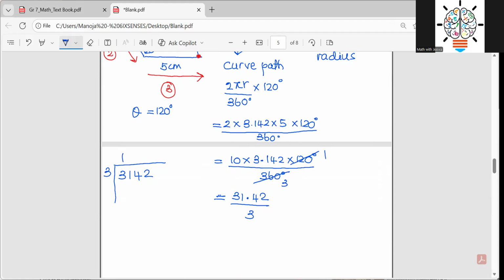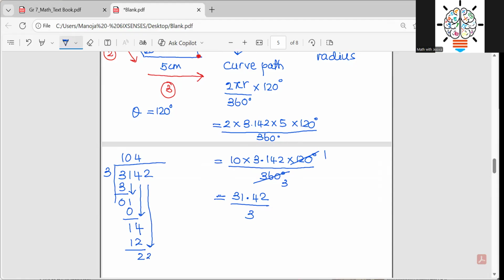3 times 1, 3 and 0. You bring this 1. For 1, how many 3's do you have? 0. And here it is 0. Then you get 1 and you bring this 4 down. That becomes 14. 3 times 4, 12, and you have 2 remainder. You bring this 2 down.